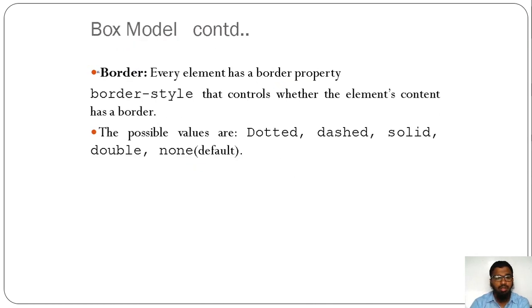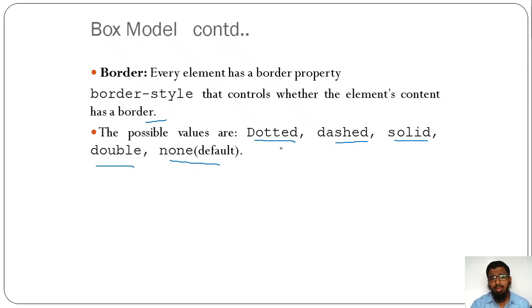We will see here, every element has a border property. Border style controls whether the element's content has a border. The possible values are dotted, dashed, solid, double or none. Every border has some style.